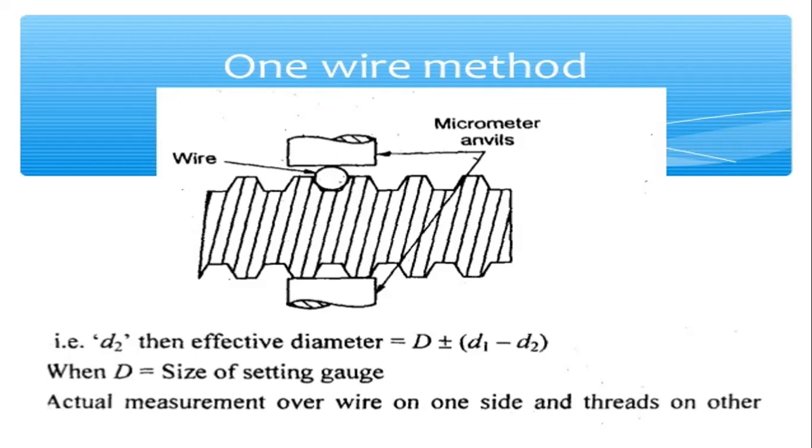So in the picture, you can see one wire is attached at the top end, and micrometer anvils are fixed to the other end of the screw thread. And on one side it is the wire which is attached to the micrometer anvils for the support.